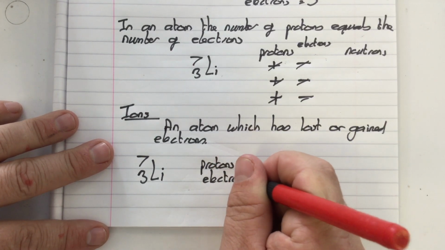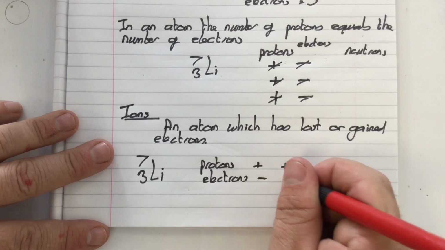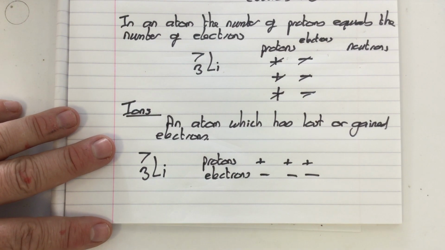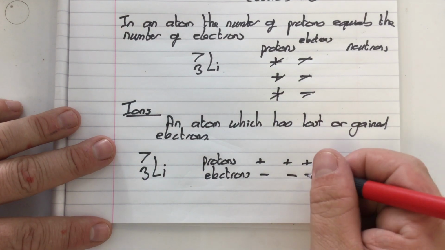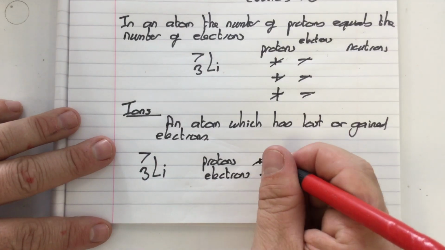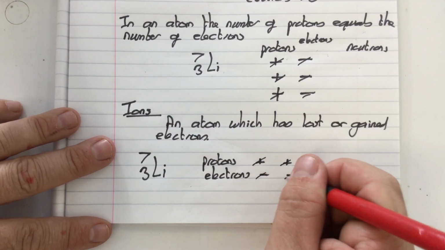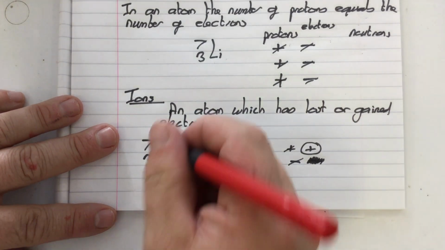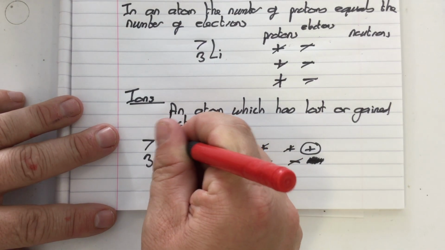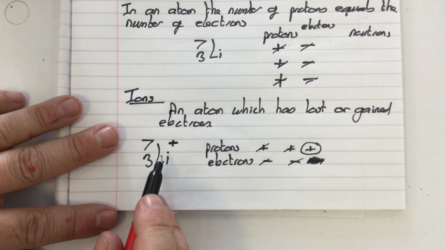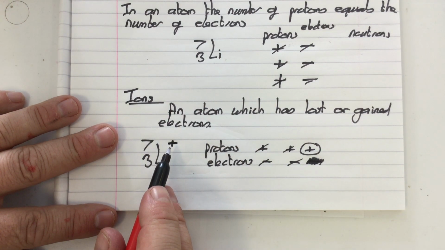Electrons, we said that it had 1, 2, and 3. Now, if it was to lose an electron, then that would cancel with that, but that plus would be left on its own. So we would call it 7 over 3 Li plus, and that is an ion that has lost 1 electron.